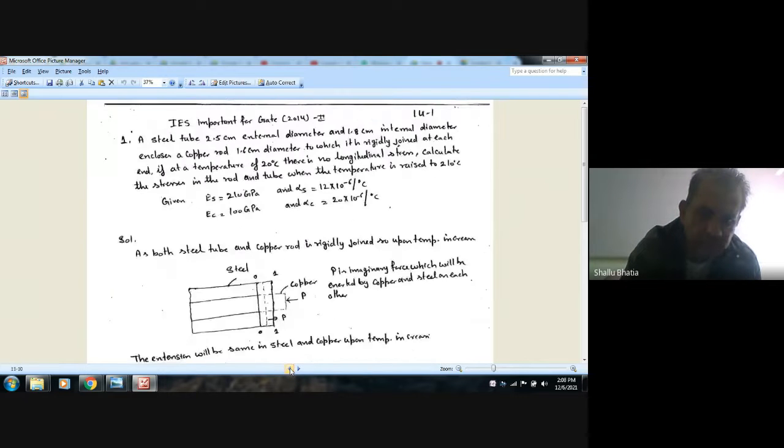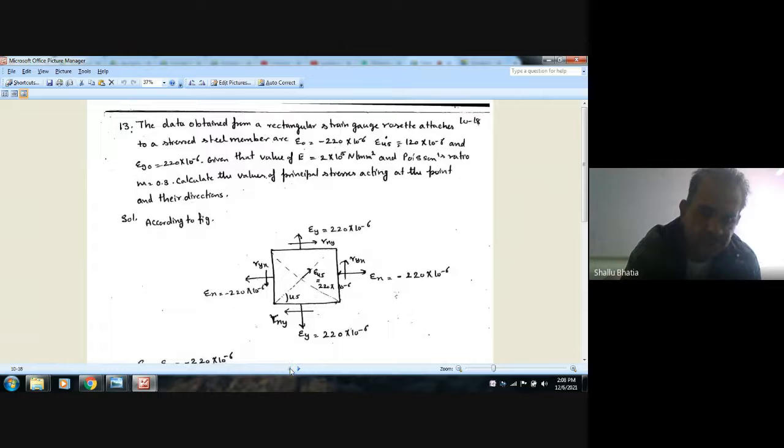Next question is: the data obtained from a rectangular strain gauge rosette attached to a stressed steel member are epsilon 0 minus 220 into 10 to the minus 6, epsilon 45 120 into 10 to the minus 6, and epsilon 90 220 into 10 to the power minus 6.